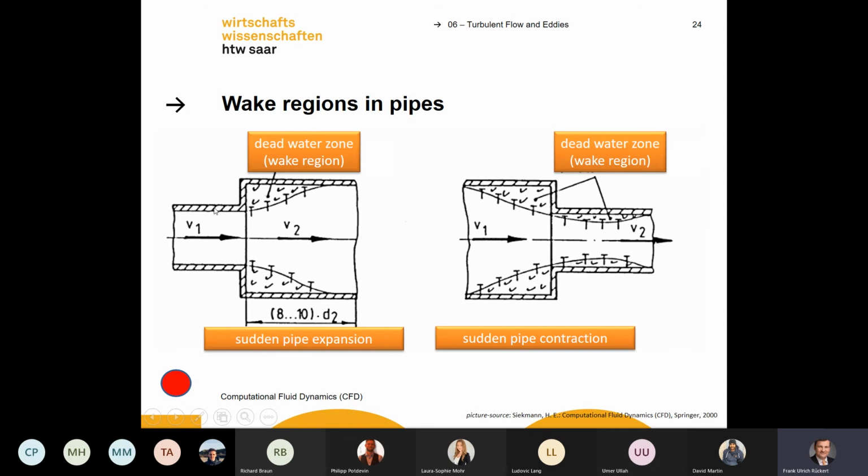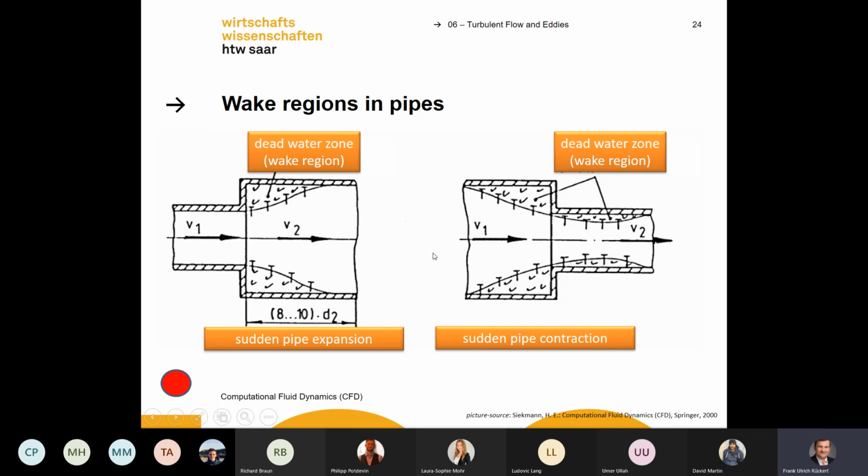Here is a small area and here's a big area. This is the same geometry, but just turned around. So it depends in which direction the fluid flows. The turbulence depends pretty much on the direction of the fluid flow through a pipe. And this can be really serious for technical applications.